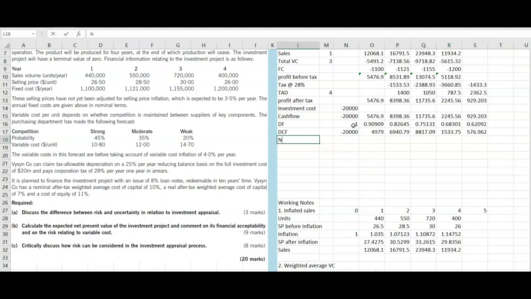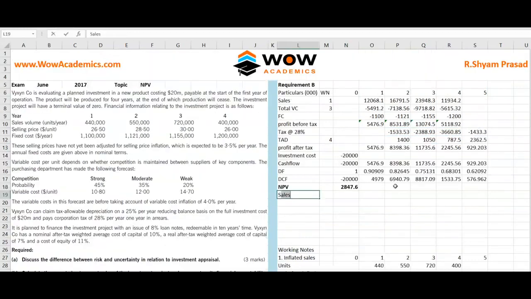And finally, when we add all of them, we'll get the NPV. So NPV is a sum of these numbers. Close the bracket and find the answer. The answer comes to 2847.6. So always have your suggestion. Suggestion is very important.